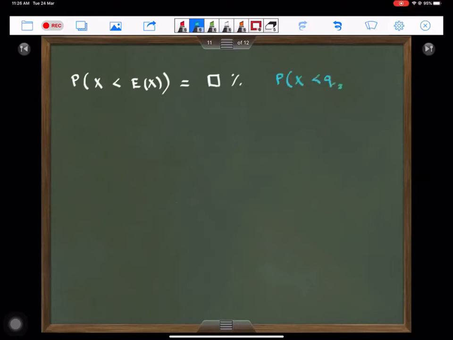Probability x lesser than expectation of x is a value, something percent. Probability x lesser than Q2 will always be 50%. Three possibilities are there. Let me write this in percentage, so everything is in percentage.